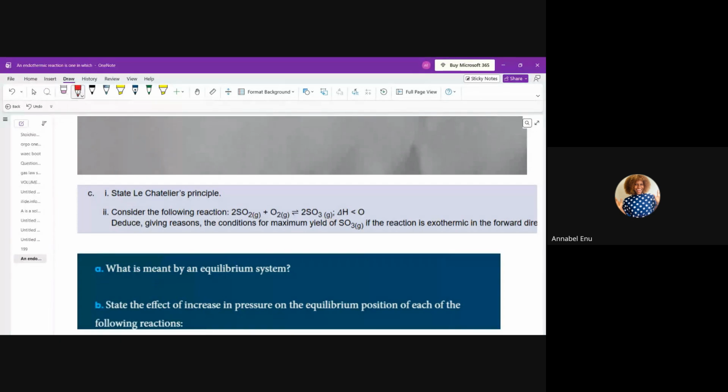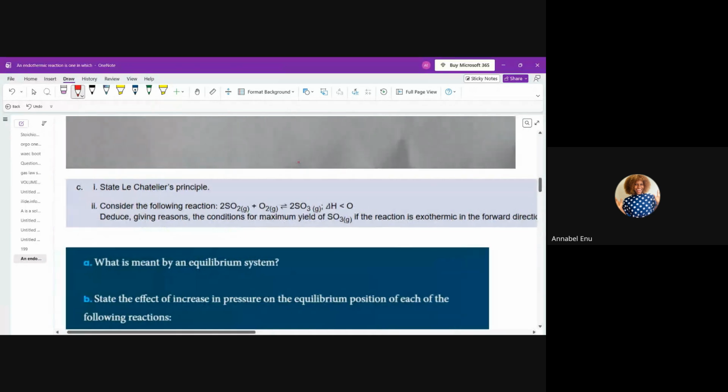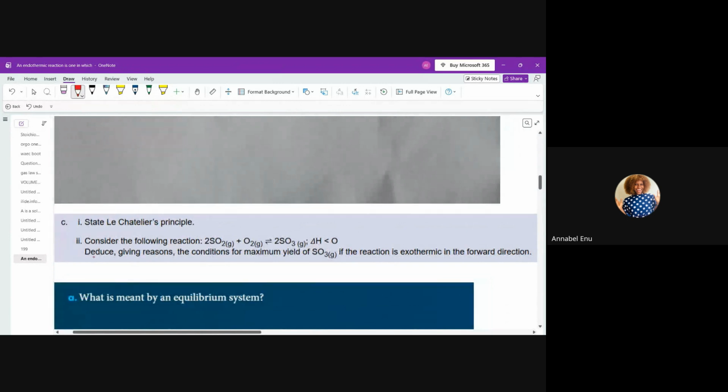So what does Le Chatelier's principle state? Okay, that is something you can easily get from your textbook, your notebook, or just from online. Now the next question says, consider the following reactions. Since no one is going to answer the first one, let's move over to the more serious questions.